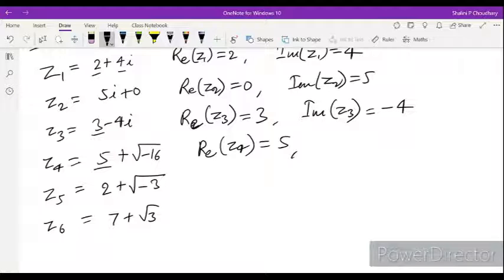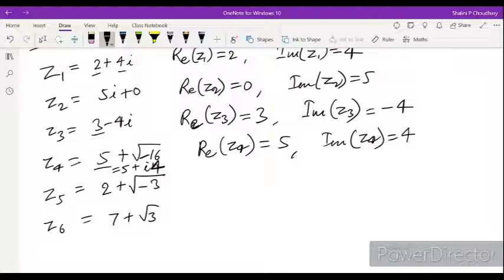Okay, now real part of z4 is equal to 5. Imaginary क्या होगा? Because this we can write 5 plus i 16, right? So imaginary part of z4 is 16. Why? Because square root of 16 हमने लिया है ना, तो always square root of minus 16 लिया, तो minus का square root will be i. This will be 4, so square root of 16 will be 4, and minus का square root will be i.